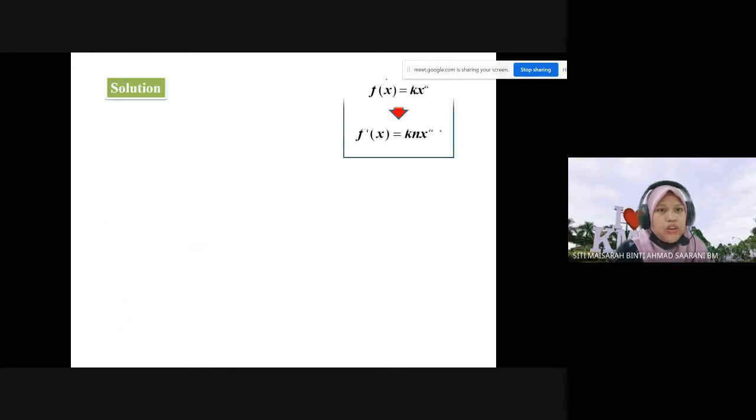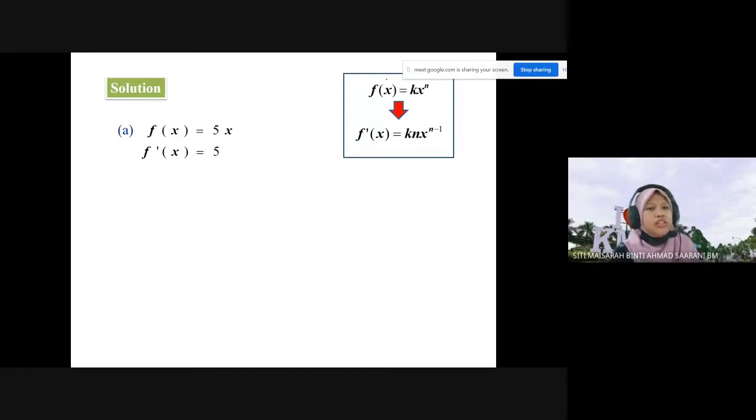Okay. Example, the first one, f(x) equals 5x. This is 5x to the power 1. The 5 in front we just copy. If there is a constant in front, just copy it. So it becomes 5, and x to the power 1 when we differentiate becomes 1, x to the power 1 minus 1. So it becomes 5 x to the power 0, which is 5. So remember, if 5x is differentiated you get 5. If 10x, it is 10. If 100x, it is 100.